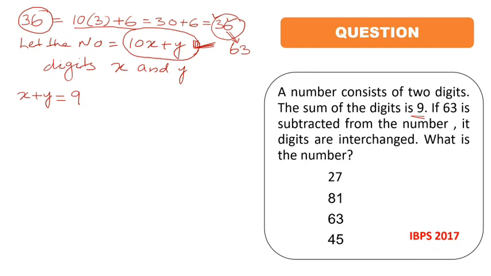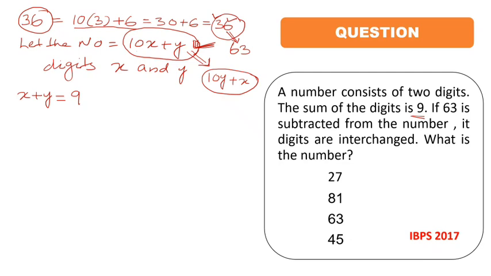That means 10x plus y is a number. When you interchange the digits, it will become 10y plus x. Understand this concept very clearly. 10x plus y is the number. Initially, 3 was in the tens place. After interchanging, 6 is in the tens place.